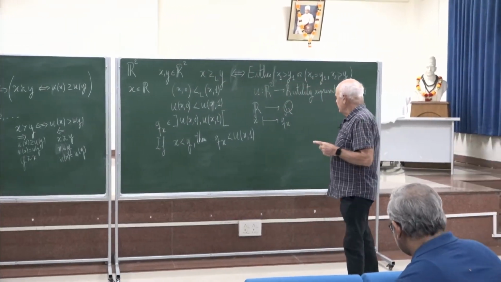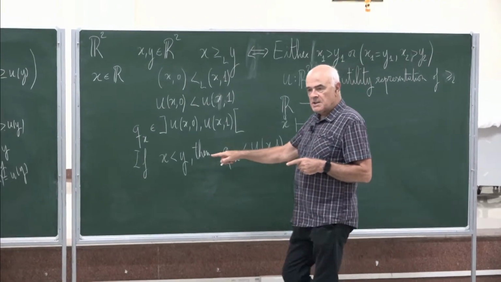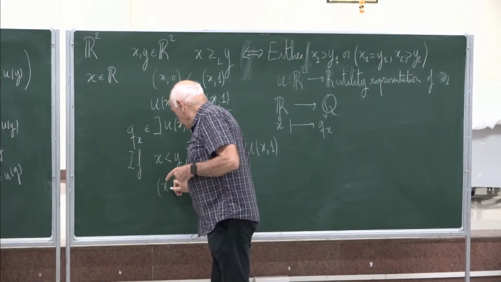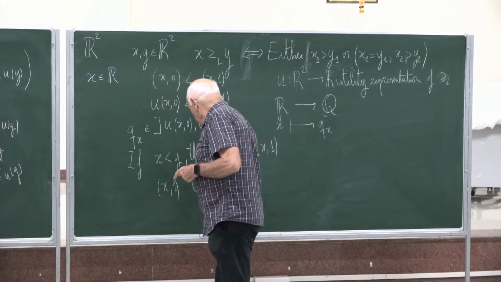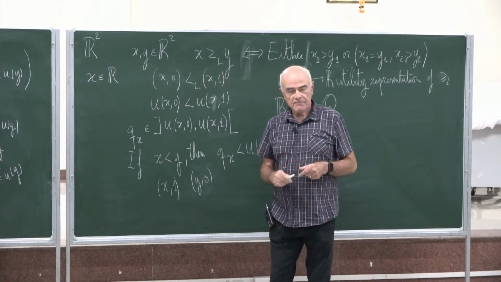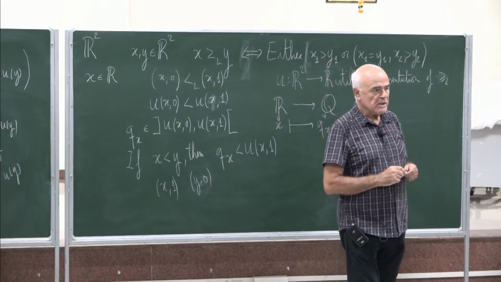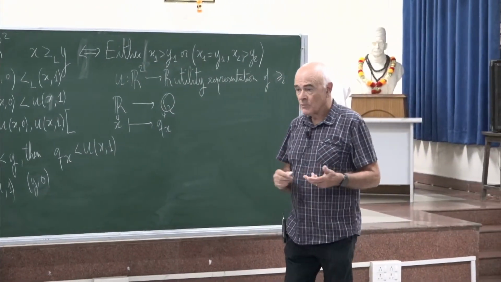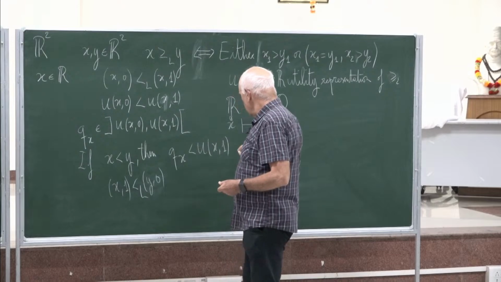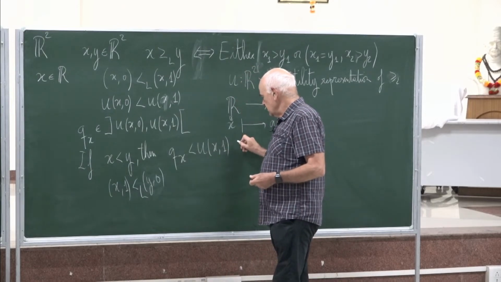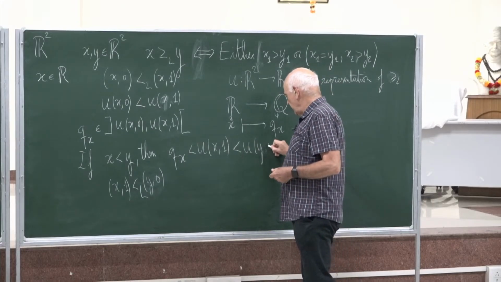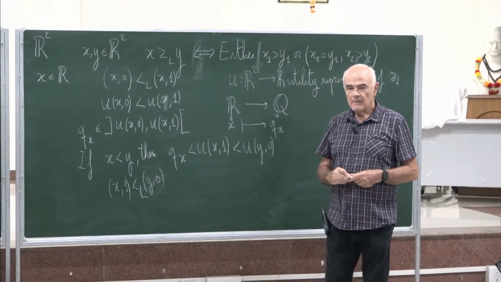But now, notice that x is less than y. So which vector is lexicographically larger, x1 or y0? y0. Look at the first component, which means that u of x1 is strictly less than u of y0. Okay?